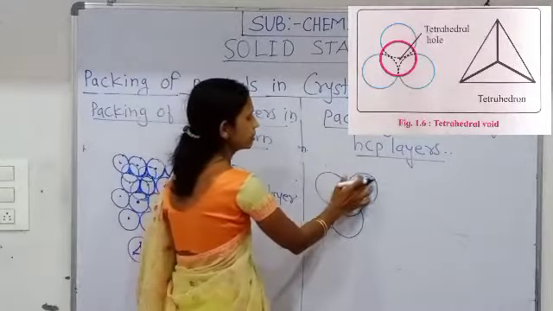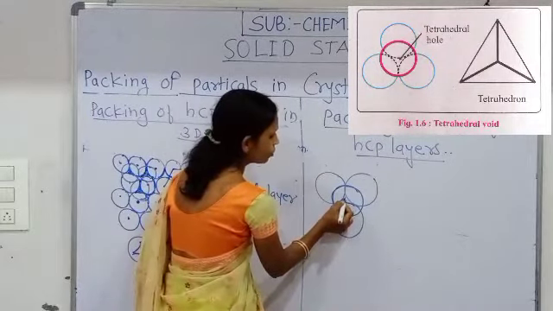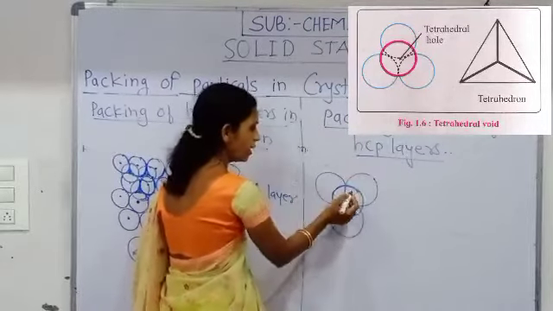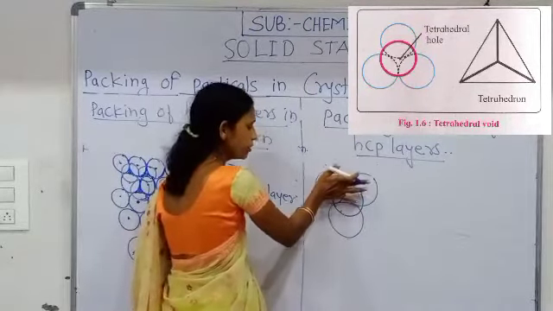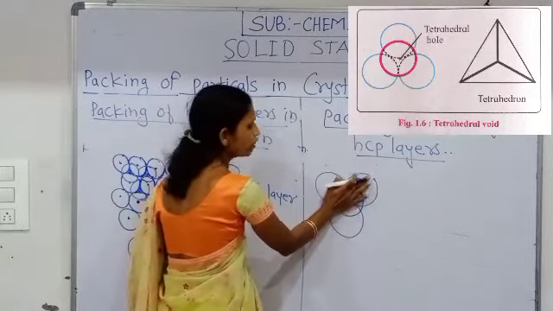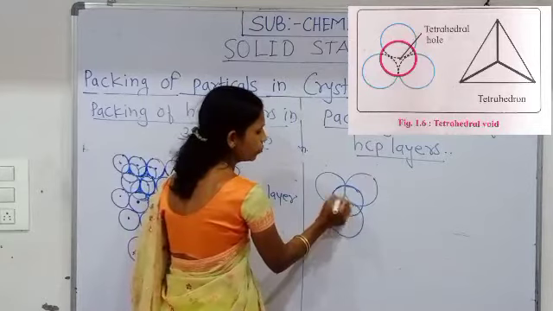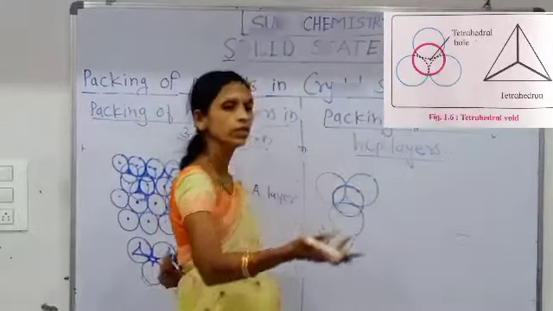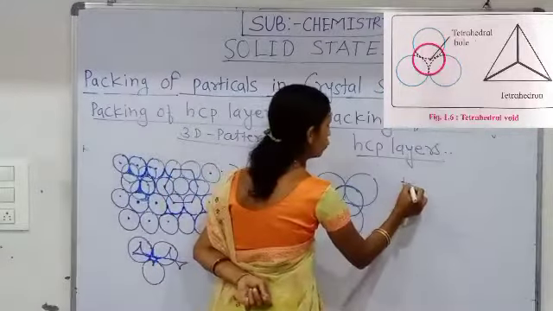That means see here, the triangular void which is formed by 3 spheres in the first layer and the sphere in the above layer, the second layer, covers that triangular void. Therefore here this void is converted into tetrahedral void.